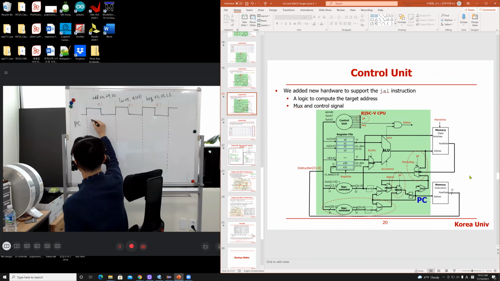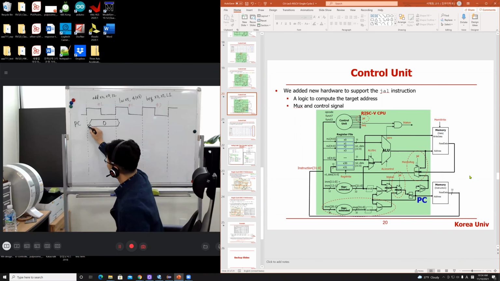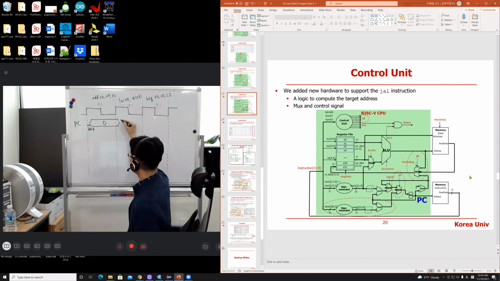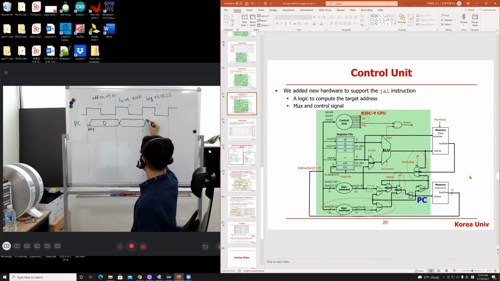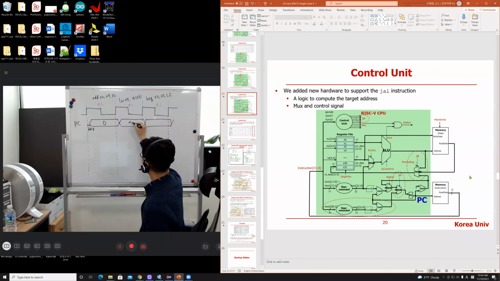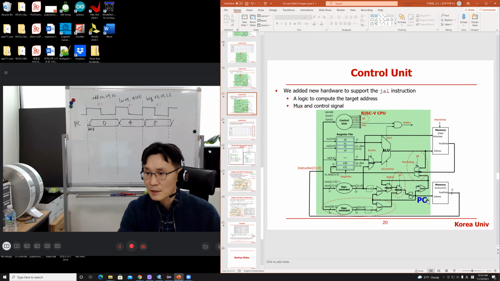It starts from 0. I'm drawing this very carefully, considering the flip-flop delay. So 0, then some delay, right? Then the program counter will be incremented by 4, like this. Then 8. Okay, 4 and 8.